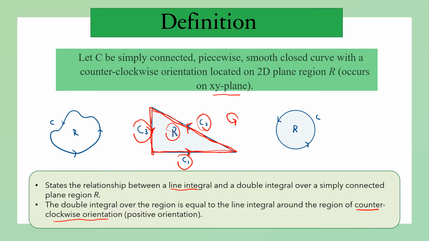Like I have mentioned just now, to apply Green's theorem, the curve C must be a simply connected piecewise closed curve with a counterclockwise orientation located on the 2D plane region R, which occurs in the XY plane only.